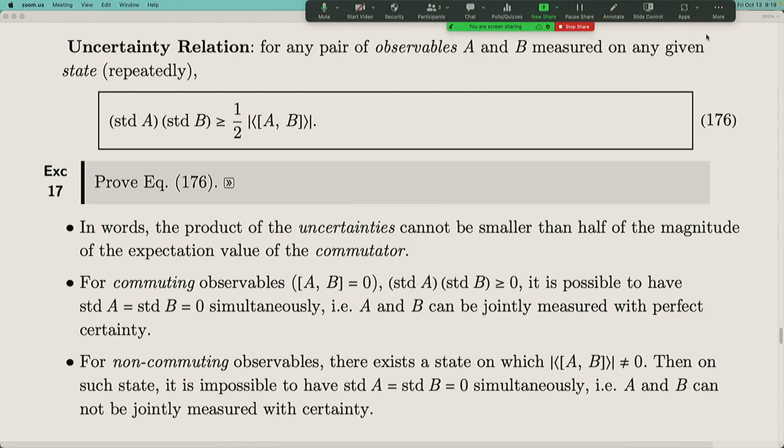It is possible to achieve a state where both observables have 0 uncertainty, meaning A and B can be jointly measured with perfect certainty. But if they are non-commuting observables, meaning the commutator is not vanishing for some states, then on that particular state it is impossible to have both standard deviations be 0, because that would violate the uncertainty relation.